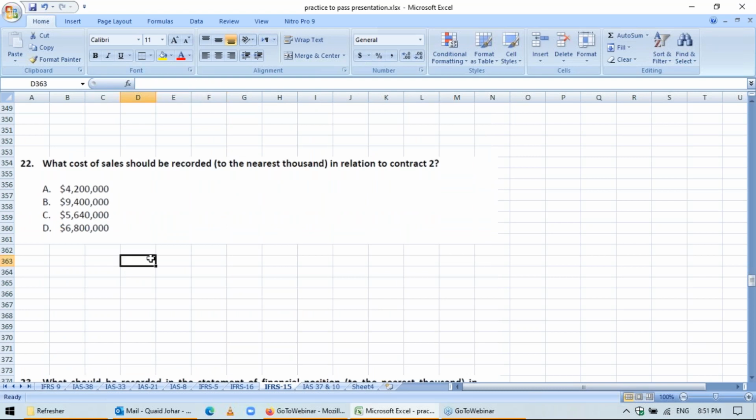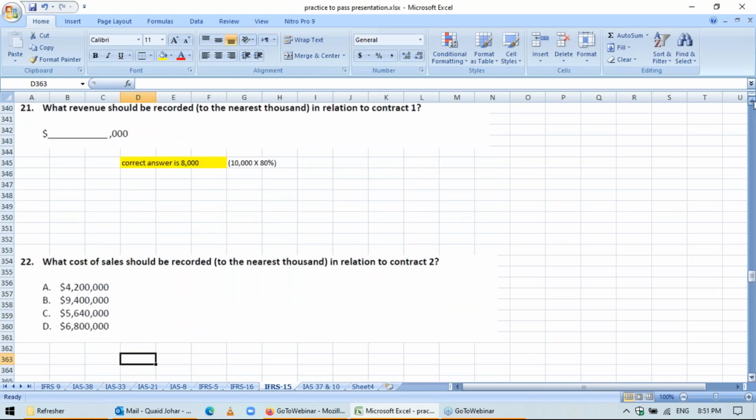What cost of sales should be recorded, to the nearest thousand, in relation to contract 2? So what cost of sales is required in the case of question 22? Okay, this is a bit technical one. So in this case, just check.